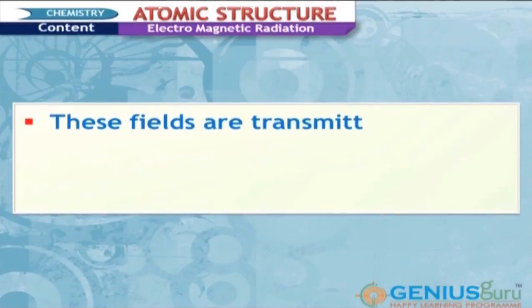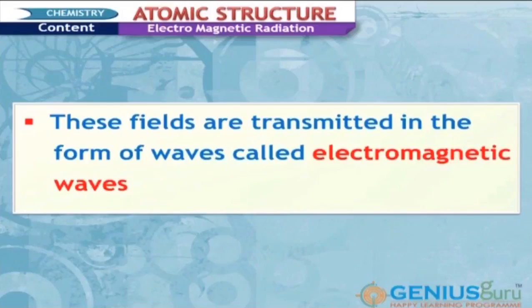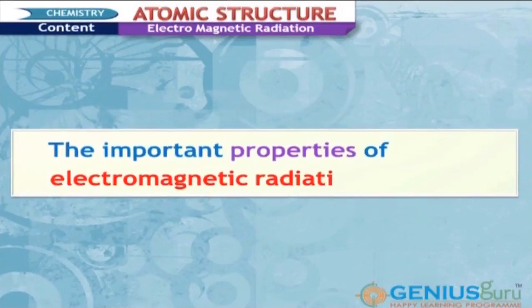These fields are transmitted in the form of waves called electromagnetic waves. This is also known as electromagnetic radiation. Let us see the important properties of electromagnetic radiation.